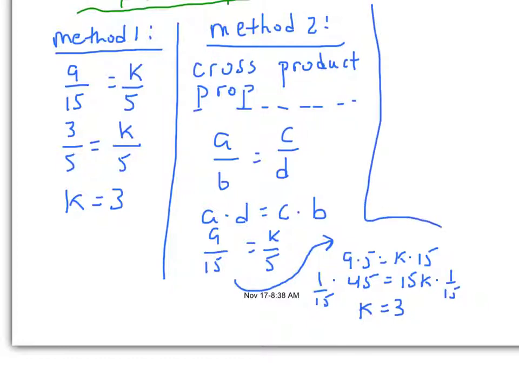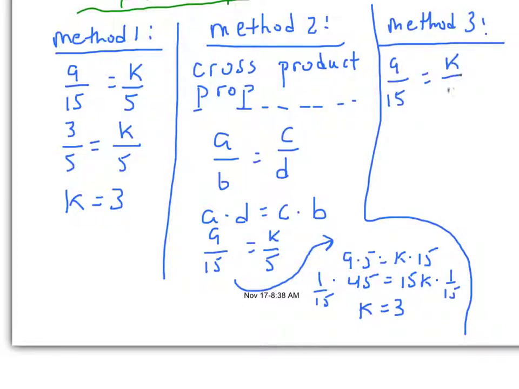And the third and final method that I want to show you, I call the multiplier method. Let's rewrite the proportion. 9/15 equals k over 5. And I'm realizing here that in going from 15 to 5, that's division by 3.